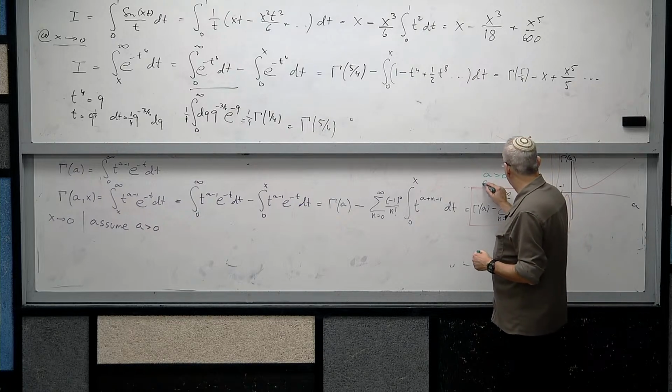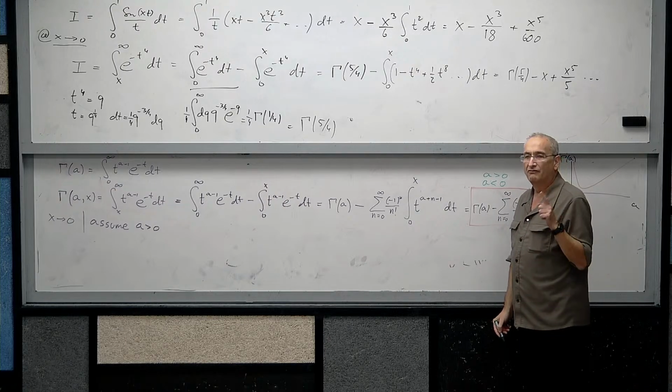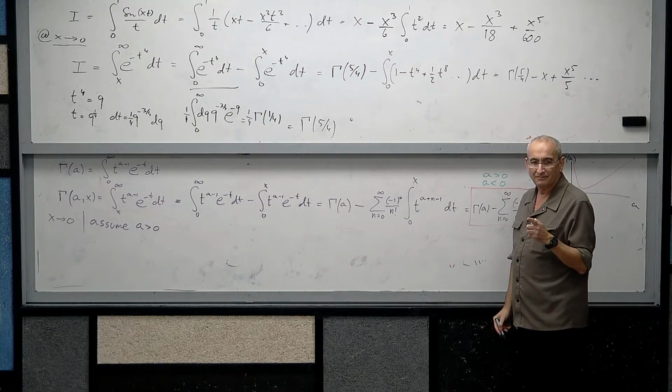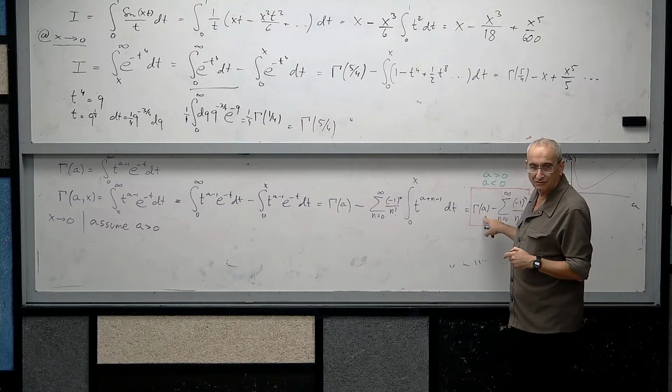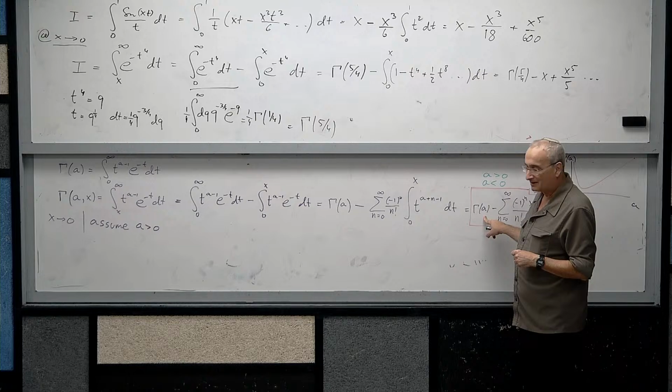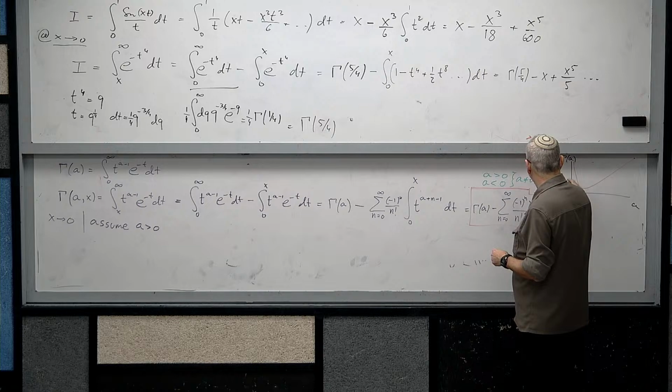You do a lot of work and end up with the same expansion, provided that a is not a negative integer, because then the gamma of a blows up. So this works for a larger than 0 and a smaller than 0, provided that a is not 0, minus 1, minus 2, and so on.